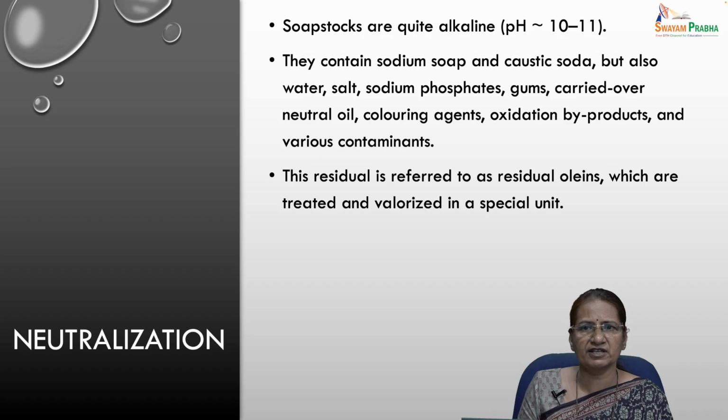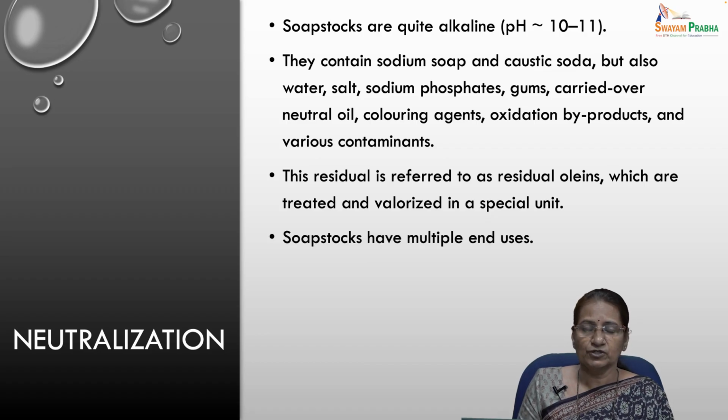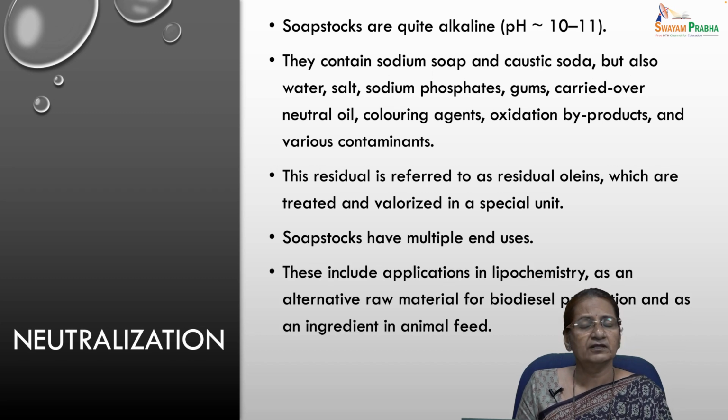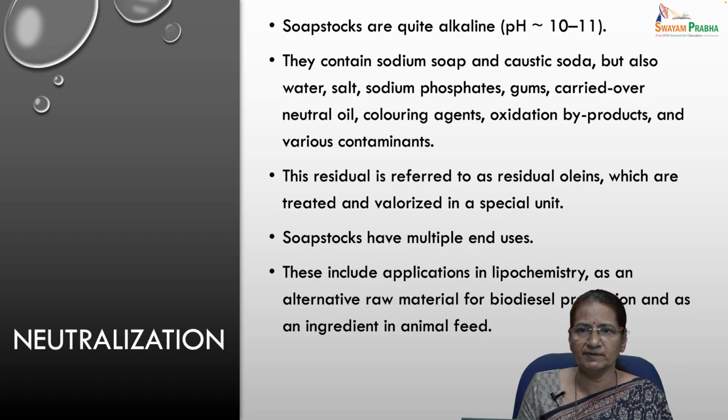This residual is referred to as residual oleins, which are treated and valorized in a special unit. Soap stocks have multiple end uses. These include applications in lipochemistry, as an alternative raw material for biodiesel production, and as an ingredient in animal feed.